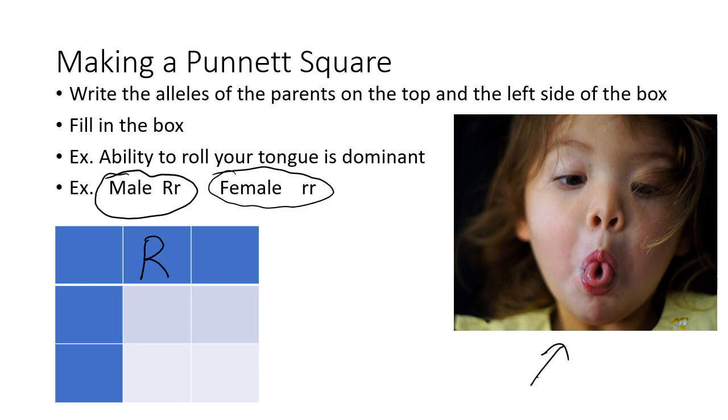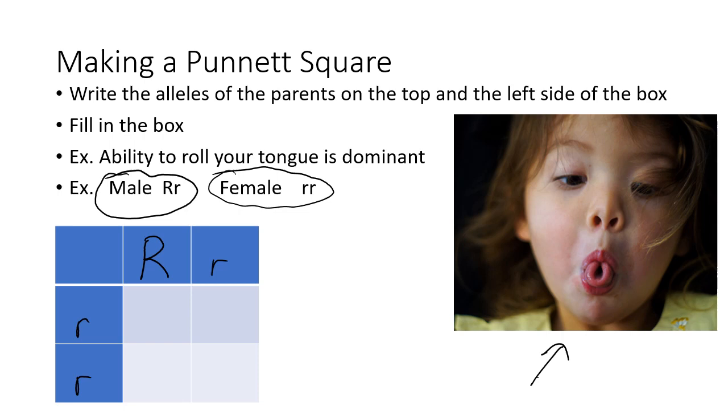And so the male is heterozygous, can roll their tongue, and when you look at them, you wouldn't know if they're homozygous dominant or heterozygous. But let's just pretend that we know they are heterozygous, so they can roll their tongue. The female cannot roll her tongue. So they are little r, little r.